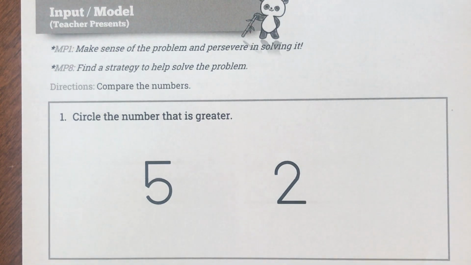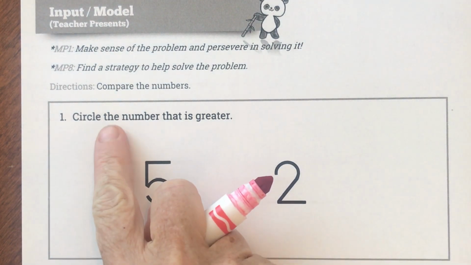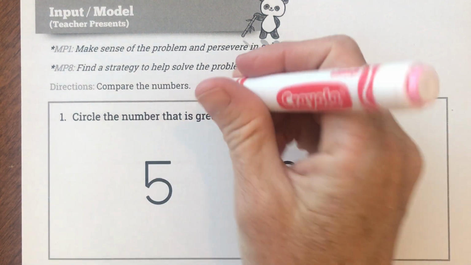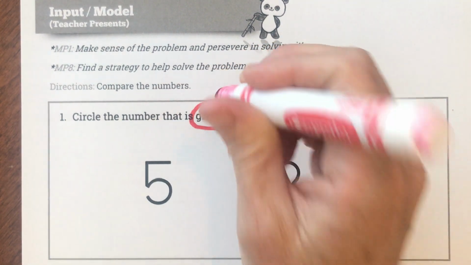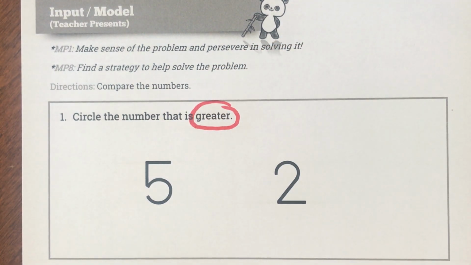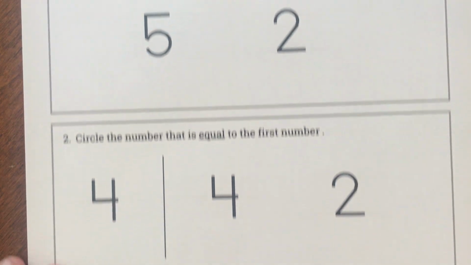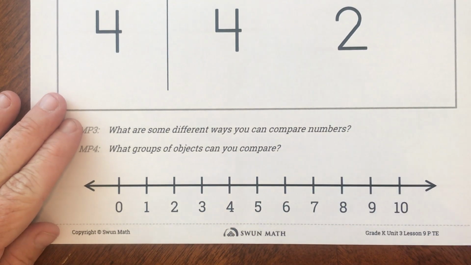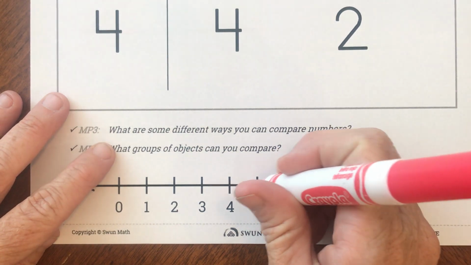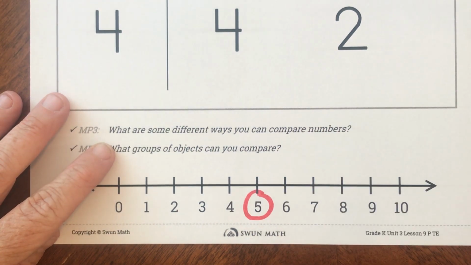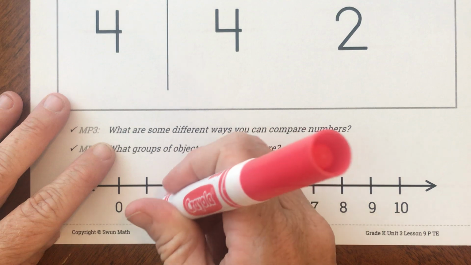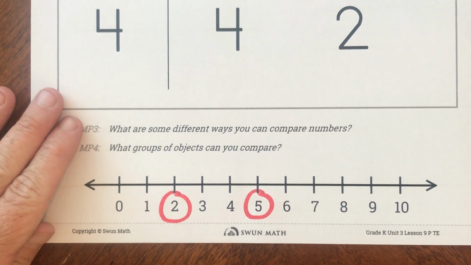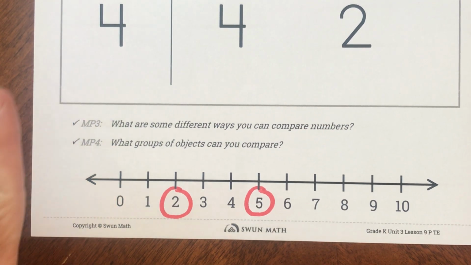They want me to circle the number that is greater. Okay, so what do I see? I see a 5 and a 2, friends. I'm going to come down here to my number line, and I'm going to find those on my number line. My first number was a 5, and then my next number was a 2. Okay, so what do I see on my number line?